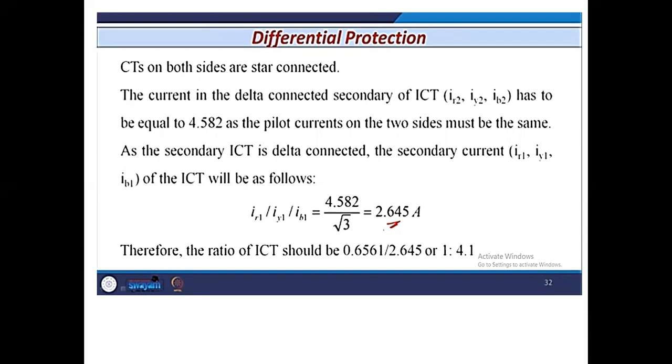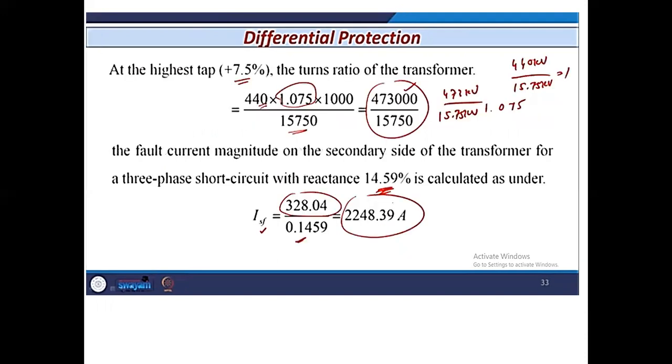And if I consider the highest tapping for the transformer, that is 7.5%, then let us find out what the ratio will be. The nominal ratio is 440 kV by 15.75 kV, which in volts is 15750 volts. Let us find out the turn ratio.